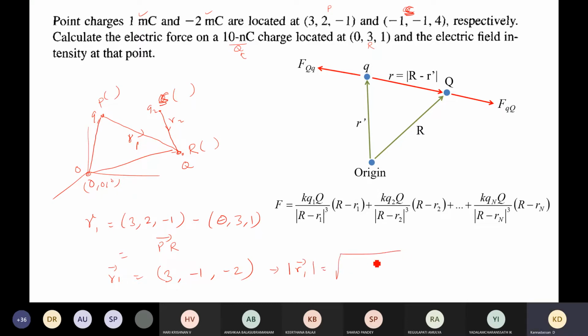Can someone say what the value of this R1 vector magnitude is supposed to be? How can we calculate the value of the R vector? Yeah, Sohan, please.